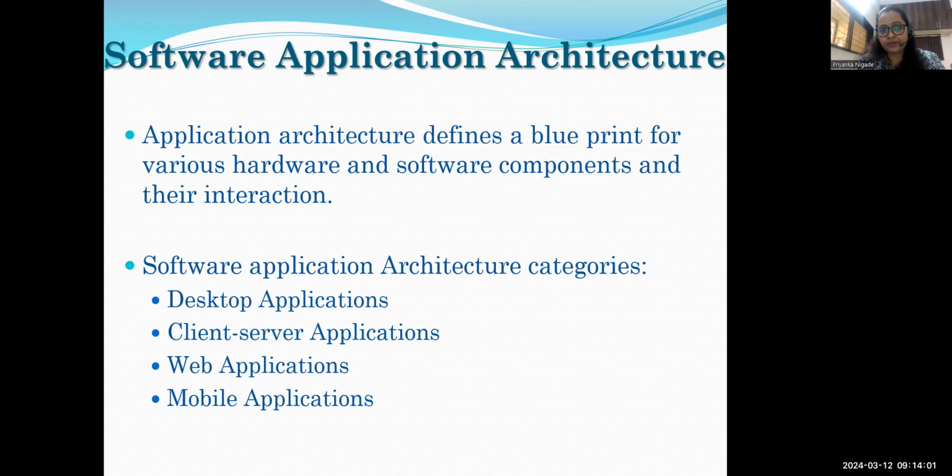That's my request. I'm passing it to whom? The Google server. The request goes to the Google server. The Google server validates your request and then finally, from the database, you are able to see the result. This is how the communication happens. So web applications are all based on web architecture. That's the reason desktop is one tier, client server is two tier, and web application is three tier.